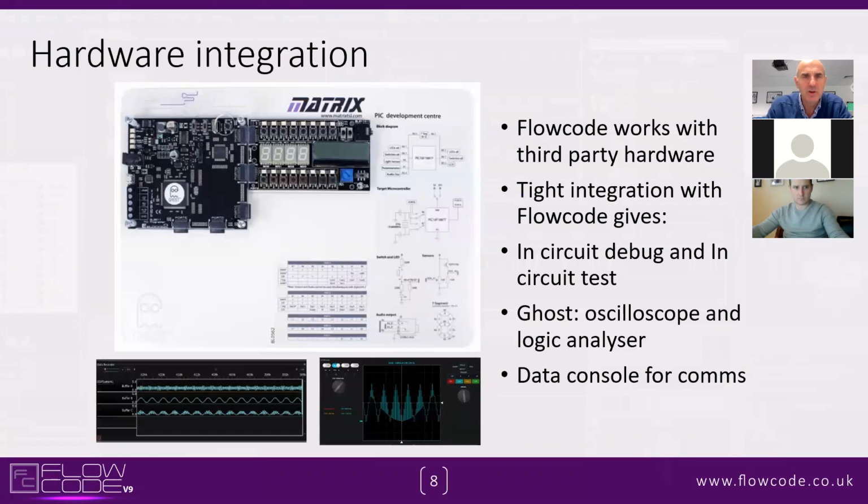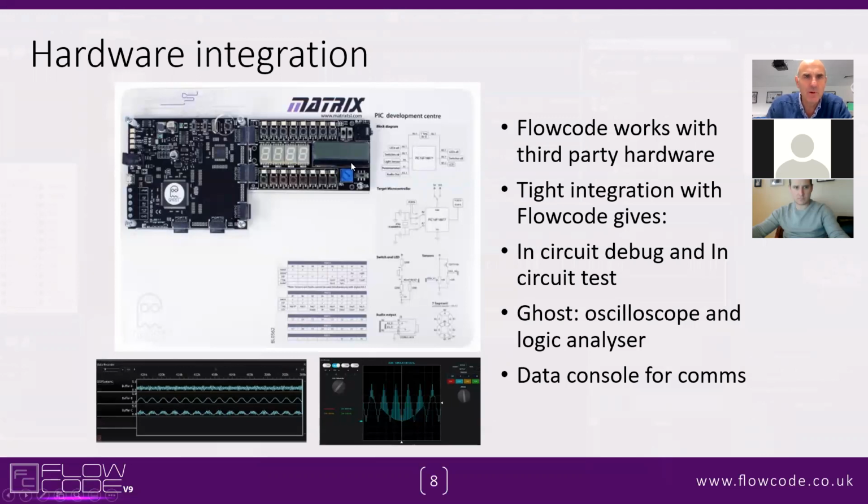The hardware integration, you can see here are some of our e-blocks. Flowcode will produce code for almost any microcontroller hardware. So any Arduino hardware, any PIC hardware, and so on. The great thing about our own hardware, we like to think, is that it gives you a huge amount of internal test systems.